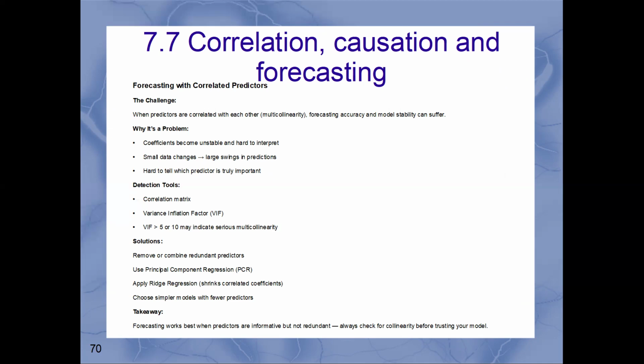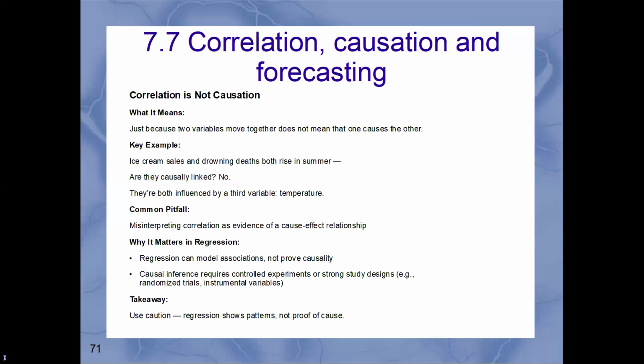So we remove or combine the redundant predictors and use something called principal component regression, PCR. We can also apply something called ridge regression, which shrinks the correlated coefficients, and choose simpler models with fewer predictors. So forecasting works best when the predictors are informative but not redundant, and always check for collinearity before trusting your model.